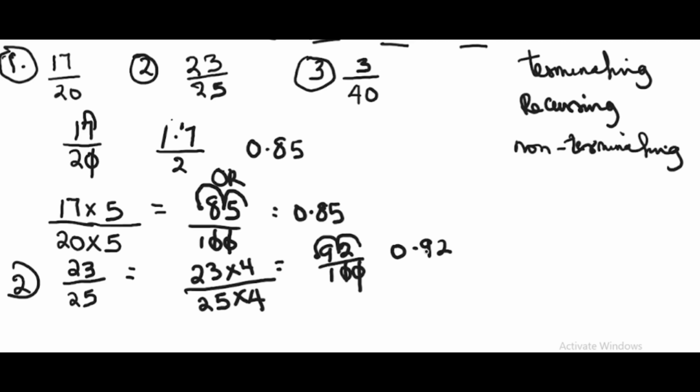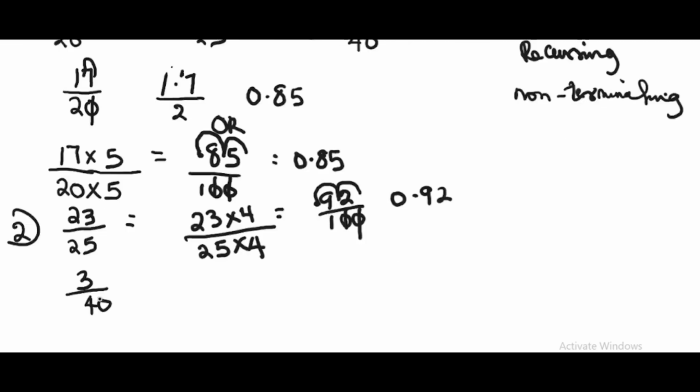So now the denominator is a multiple of 10, but not a factor of 100. So there is nothing I'll multiply 40 with to give me 100. All right. So what do I do? Okay, now I can cancel this 0 here and move my decimal 1. So I have 0.3 over 4.